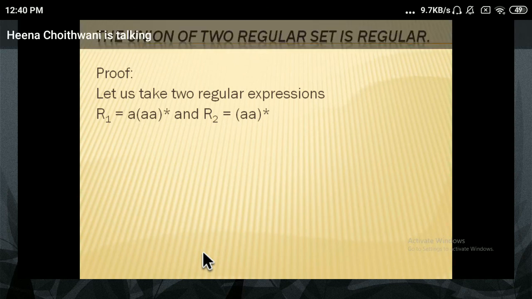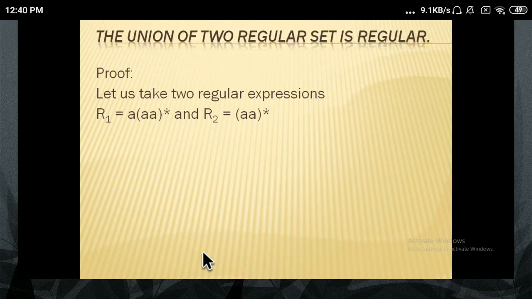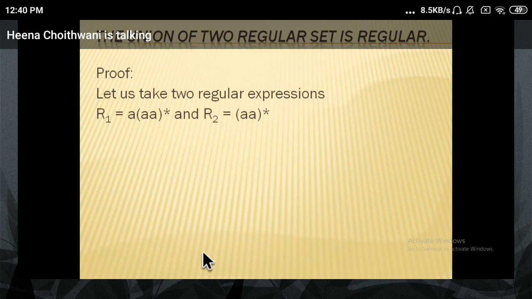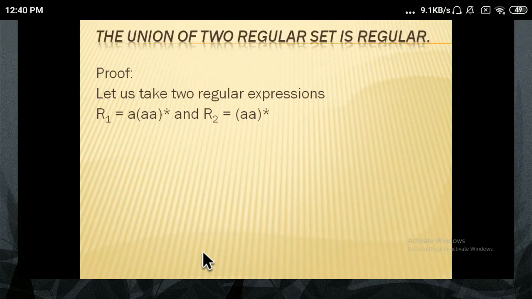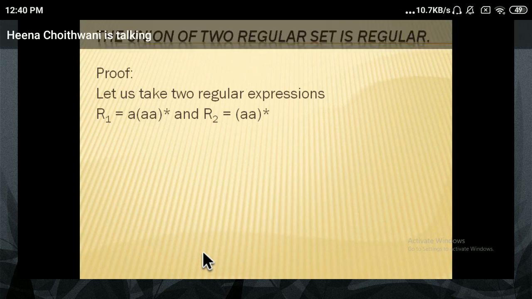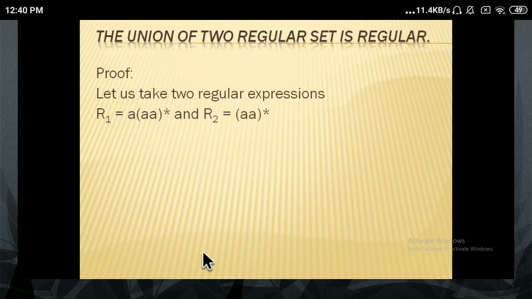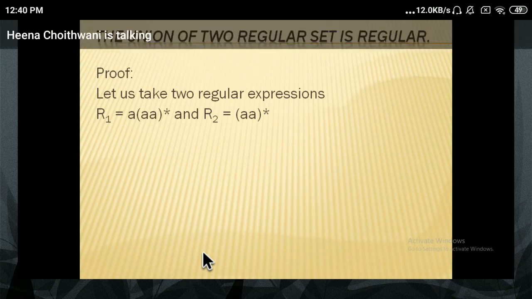What about R2? R2 में क्या रहेगा हमारे पास? AA will be my first string. What about the second string? 4 times A, then we have 6 times A, then we have 8 times A, and so on.